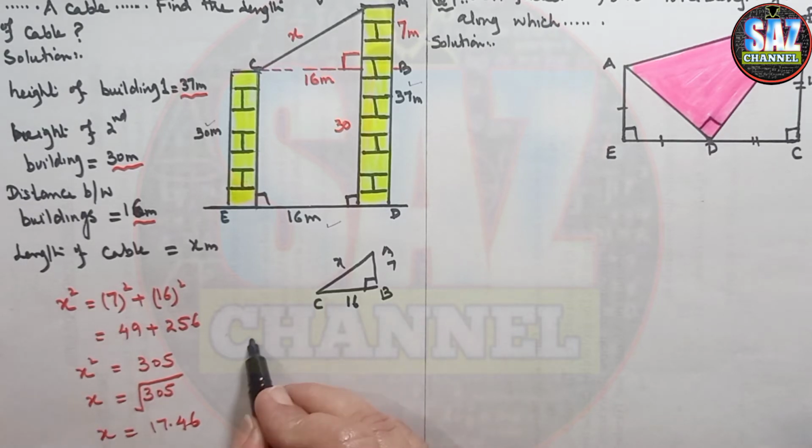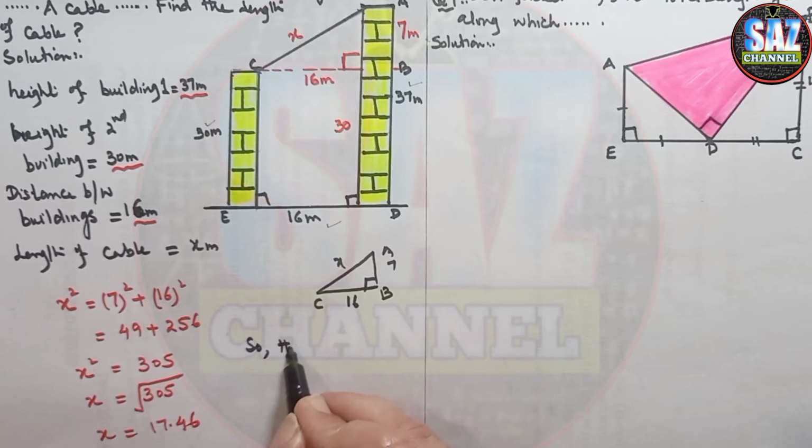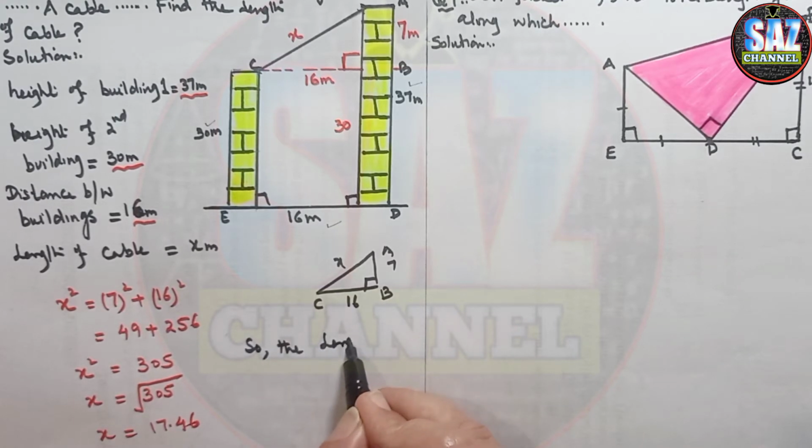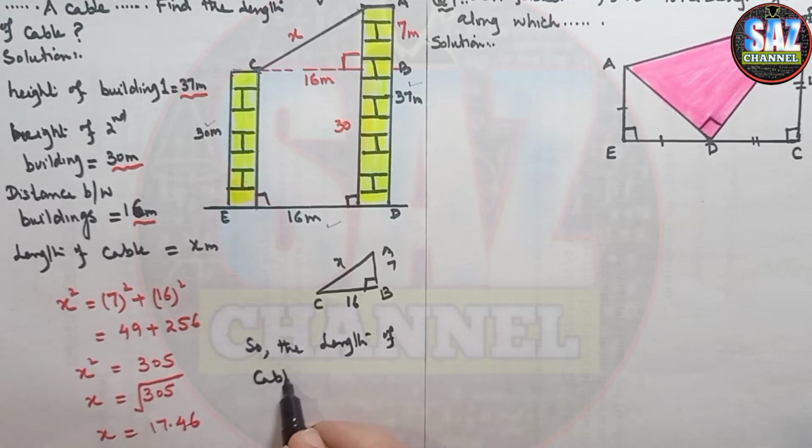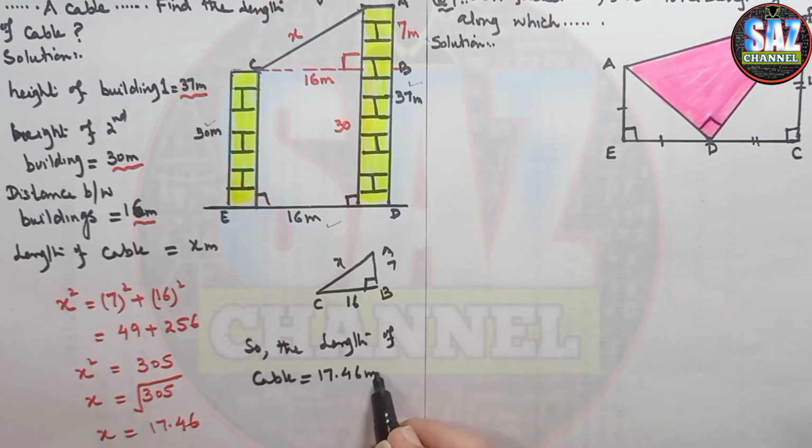So the length of cable equals 17.46 meters. I hope you're clear about this question, and let me quickly move to the next question.